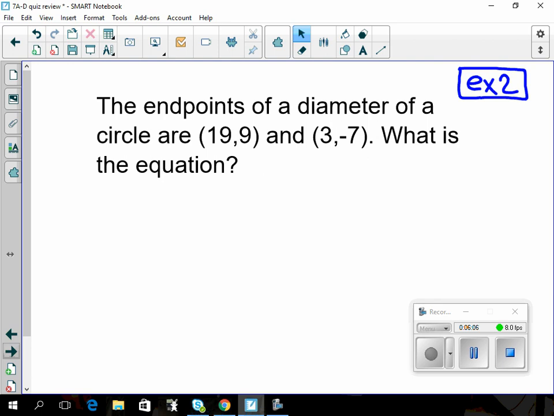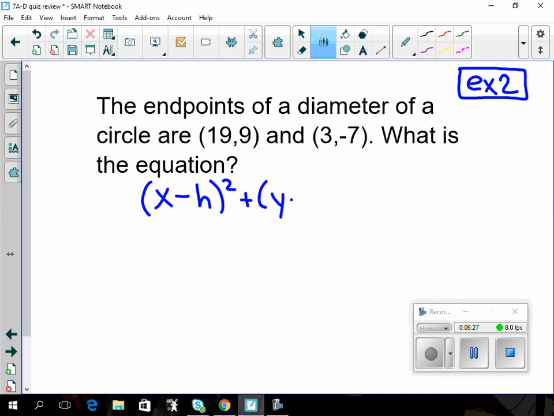Okay? So it's asking us to write the equation of the circle. I will give the equation of the circle to you on the board on the day of the quiz, next class. Don't worry about that. Let's remind ourselves what the formula is. Parentheses, x minus h, quantity squared, plus y minus k, quantity squared, is equal to r squared.